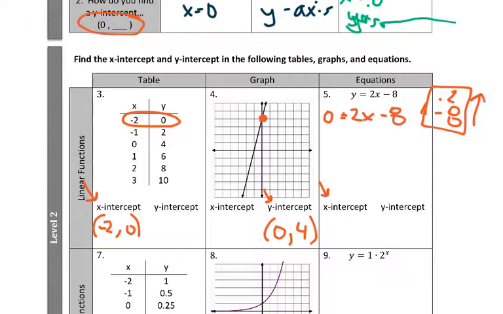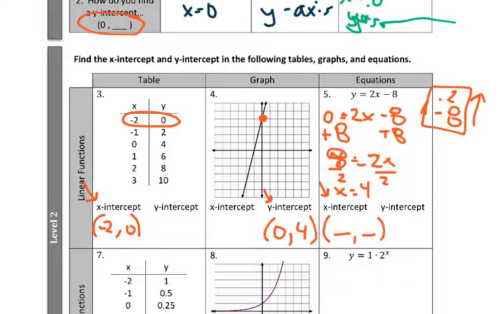We're going to do the opposite stuff backwards. Add 8 to both sides. So 8 equals 2x. Divide by 2, and x equals 4. So in other words, when y is 0, x equals 4. And that is our x-intercept.